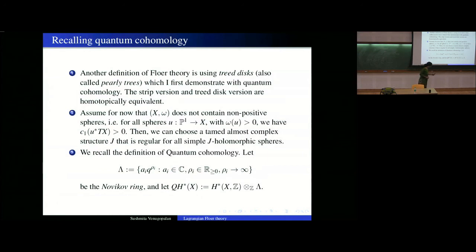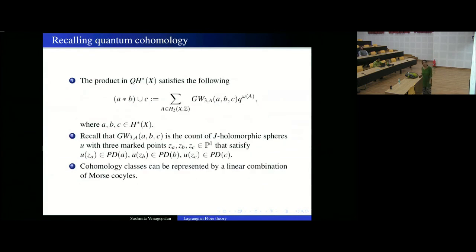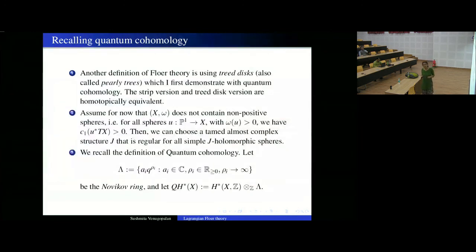So quantum cohomology should be an extension of the ordinary cohomology of the manifold X, or it's also called the quantization of the cohomology. Q is a formal variable, yes.